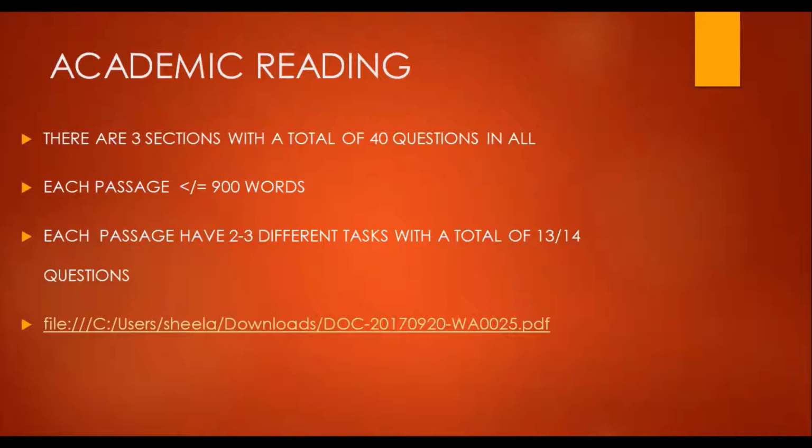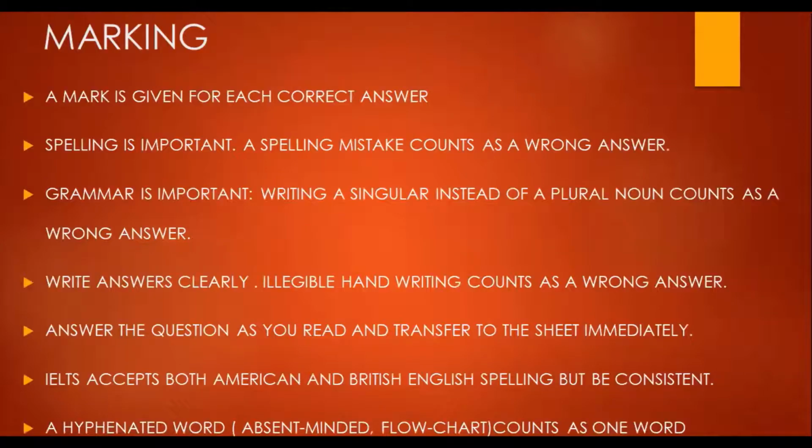Finally there will be a third passage with some questions related to it. So in total there will be 40 questions. Every passage will have about 13 to 14 questions, and there will be 2 or 3, most probably 3, different types of tasks. That is academic reading.